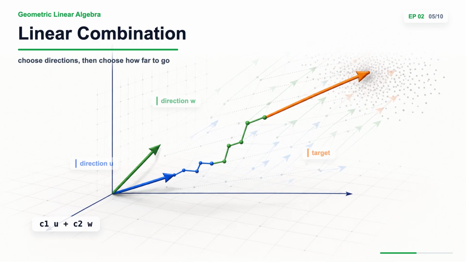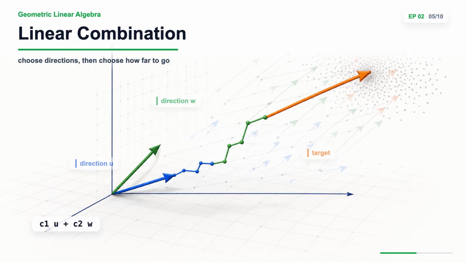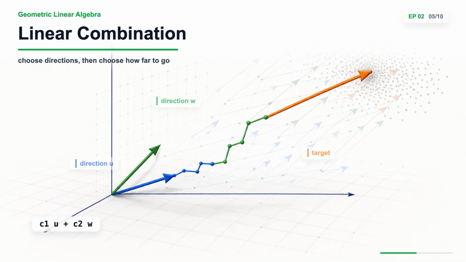Positive coefficients walk with the arrow. Negative coefficients walk against it. This simple idea is behind matrix columns, linear systems, projections, and decompositions. The question is always geometric. With these available directions, what targets can we reach?